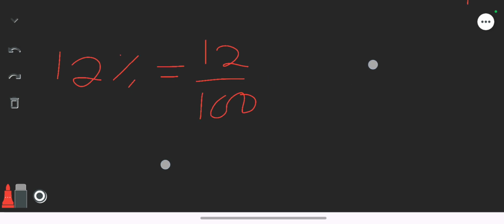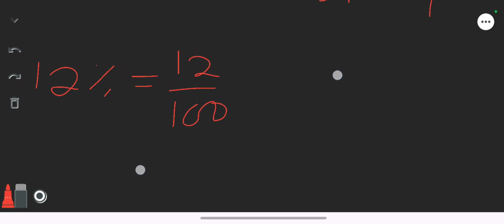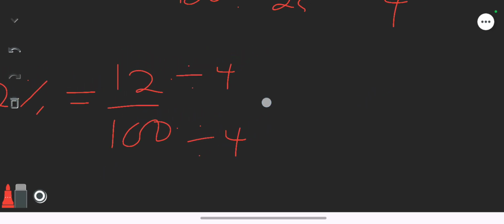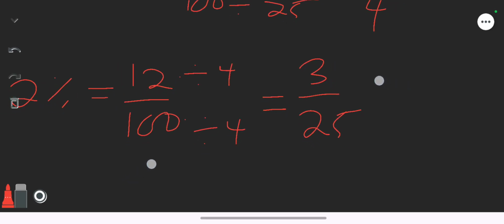So again, you look at the highest common factor, or the greatest common factor, that we can use to simplify. The greatest common factor for 12 and 100 is 4. So we use 4 and 4 here. We are going to end up getting 3/25. There we go, and that's our simplest form.